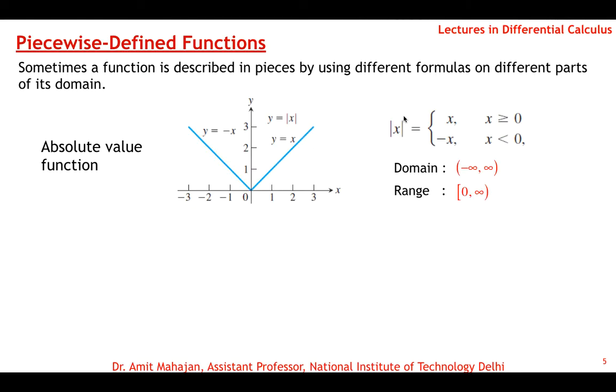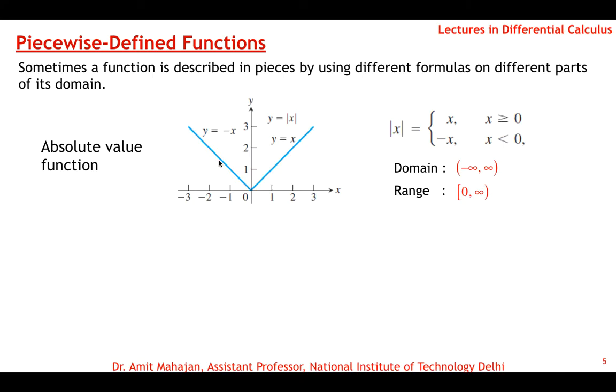This function can be defined in pieces like this: modulus of x takes value x when x is greater than or equal to 0, so it's like the y is equal to x line, and it takes minus x when x is less than 0, so it's like the y is equal to minus x line.